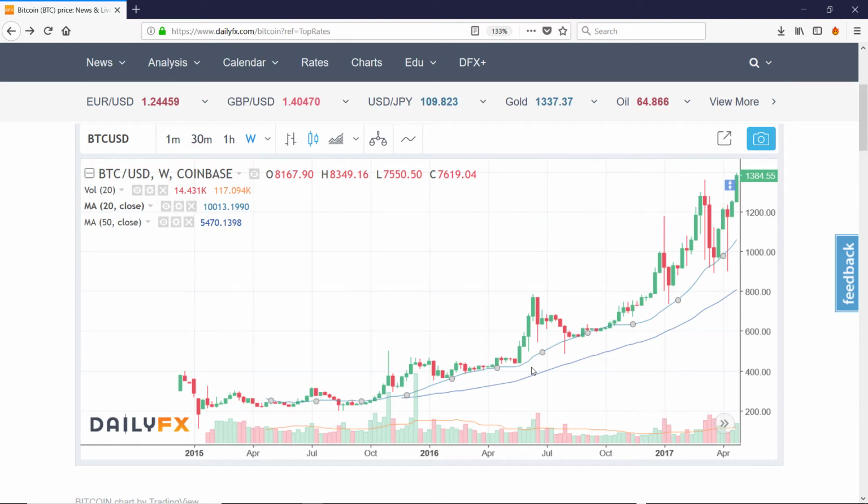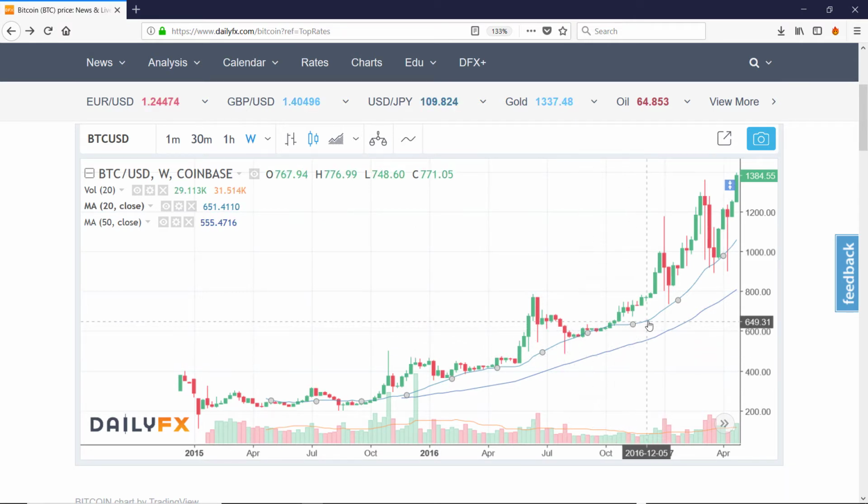I've picked the 20 and 50 here because they seem to be significant. So you can see here, as the Bitcoin prices have been going up, they've always been above the 20, with occasional dips, but rare.